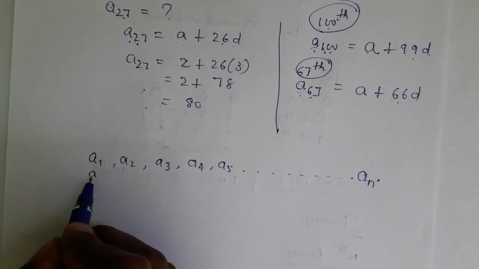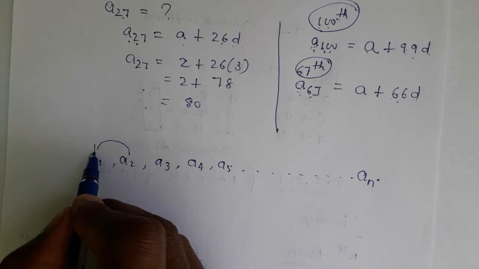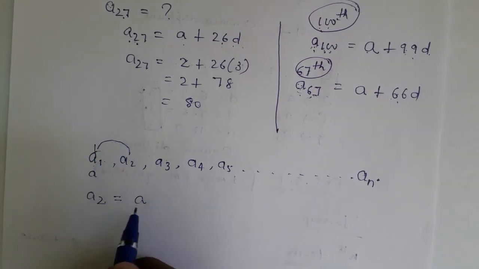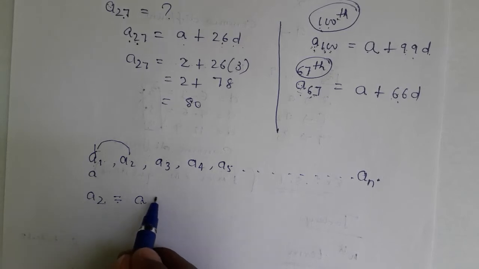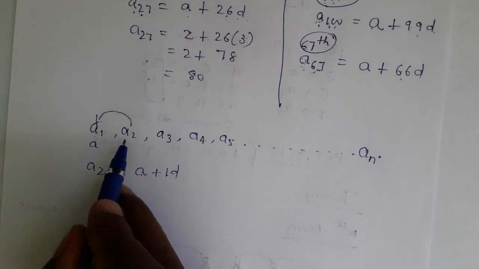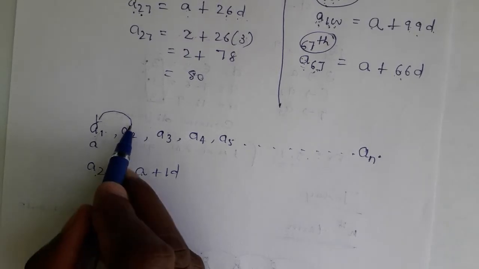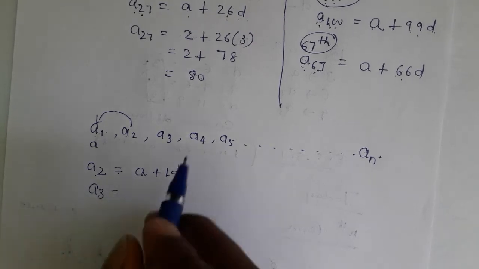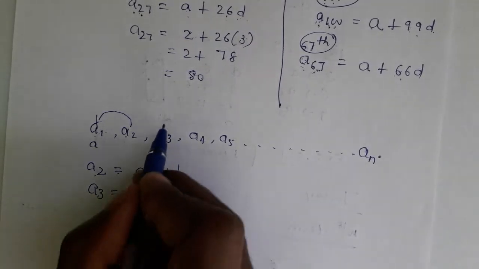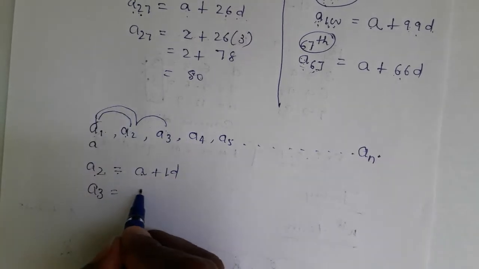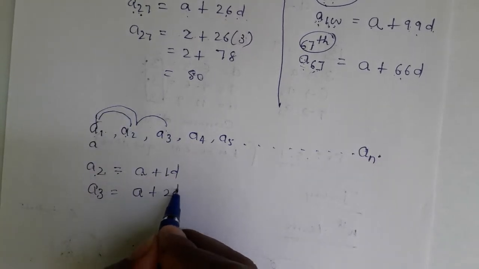So now this A2 goes to A1. Look at here. A2 goes to A1 by taking how many jumps? 1 D. Correct, no? A2 goes to A by taking 1 difference. Next A3. Similarly practice A3. A3 goes to A by taking 2 jumps.